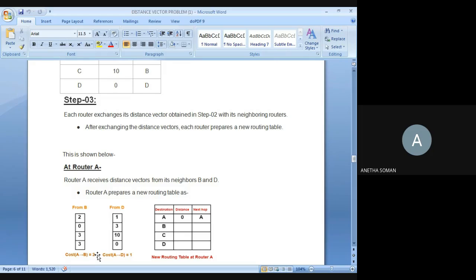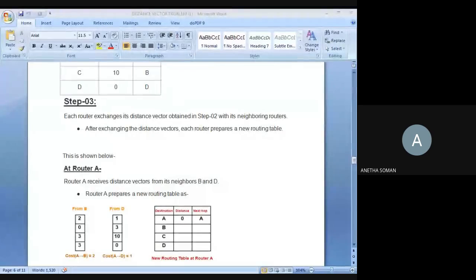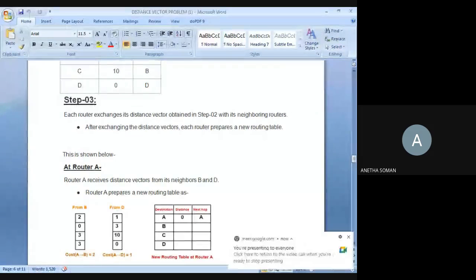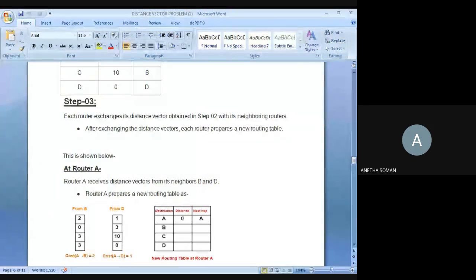Previously, what was the information from B and D? B to A, it was B3, C0, and D11, right? So the cost has been changed in the new process. So what you are getting here is 2033 and 1310. Yes or no?